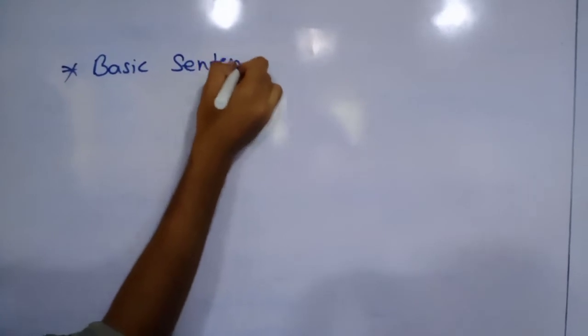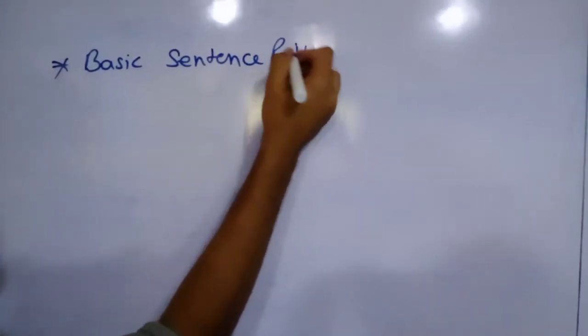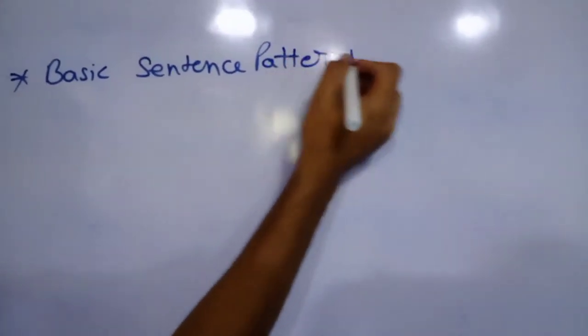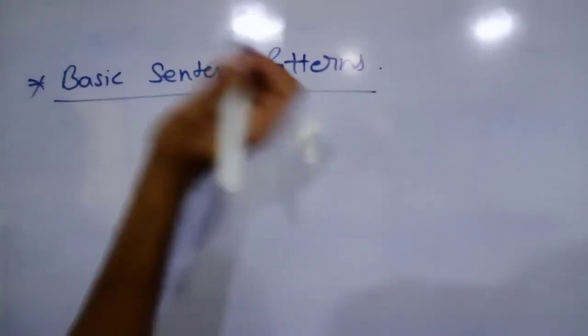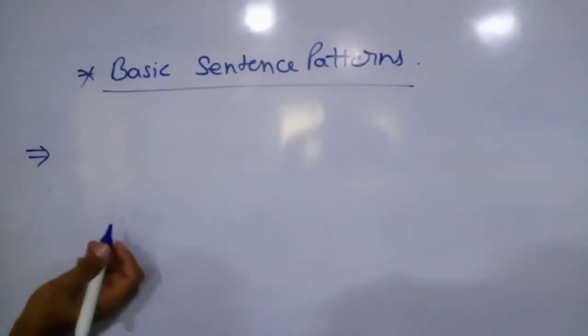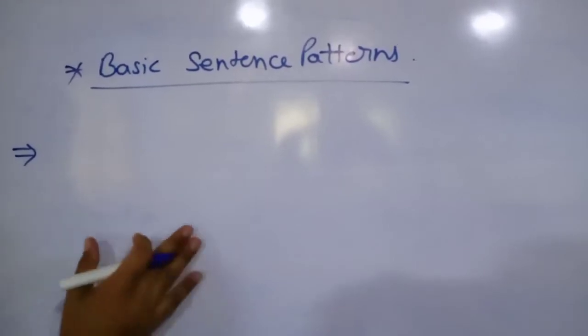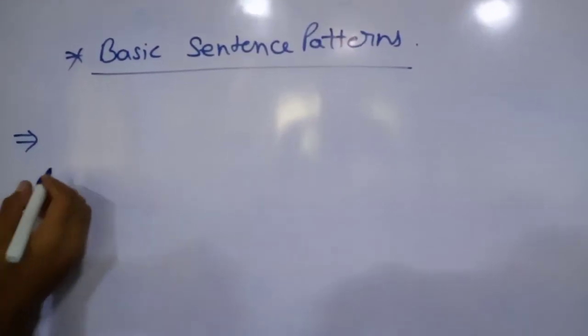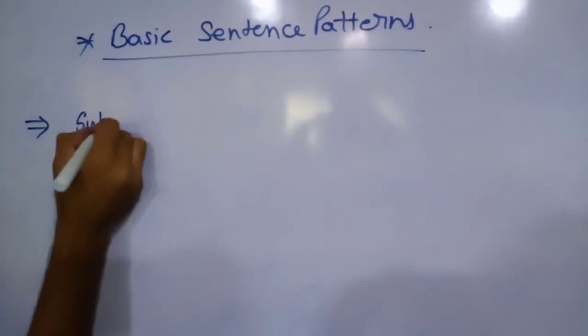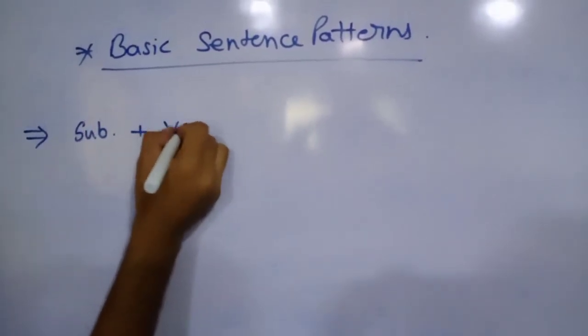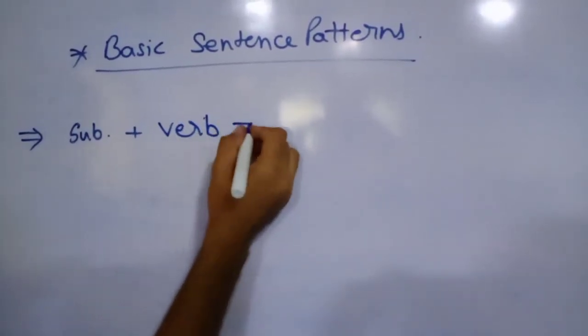Next one is basic sentence patterns. Whenever we are talking about the sentence, there are a few basic patterns in which we get sentences. The first one is subject plus verb.